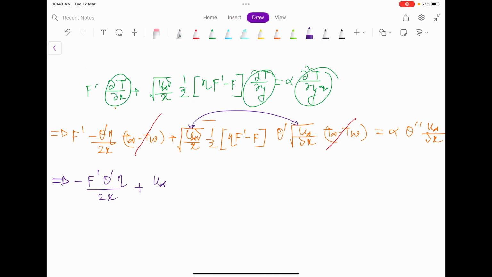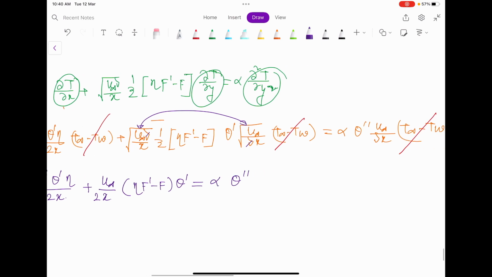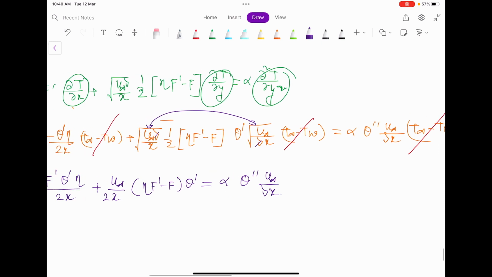So u infinity, nu and nu cancel out, and by x, and 2 is there, and here it is eta f dash minus f theta dash, and so then it becomes alpha theta double dash u infinity nu x, and nothing is there.